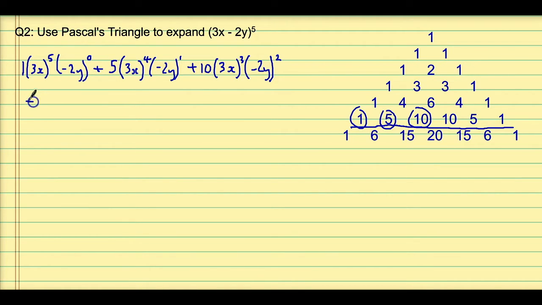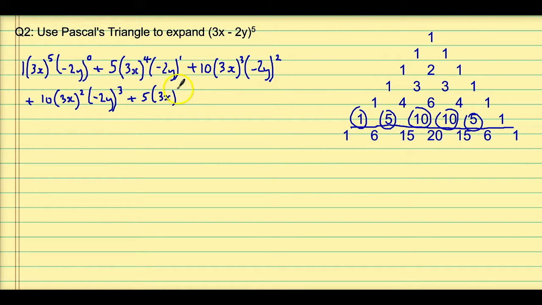Move underneath here. Our next term we've got another 10. So we're going to add 10, multiply that by the 3x. And this time we're going down another power to the power of 2. Multiply that by negative 2y. This power raises to the power of 3. And then the penultimate term here, the 5. Multiply that by 3x.